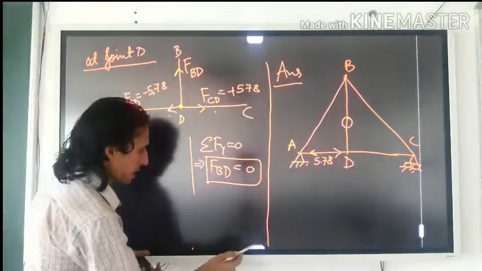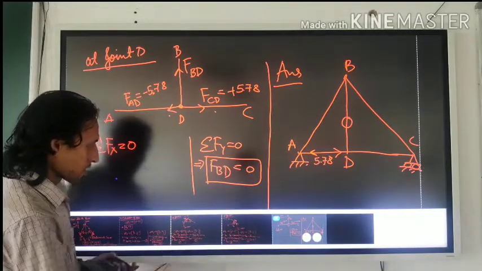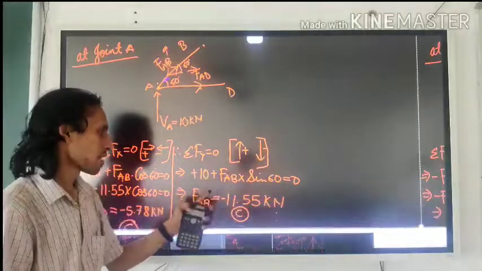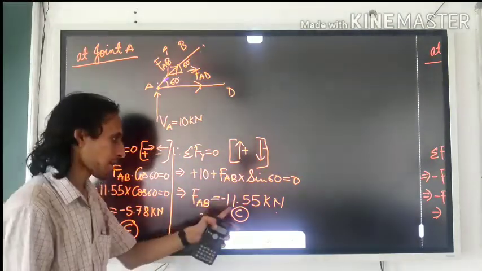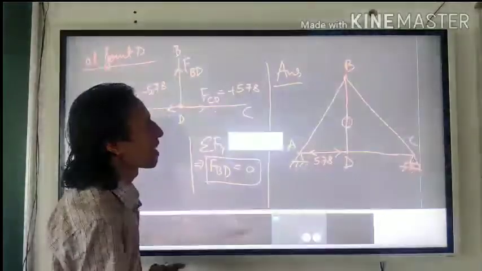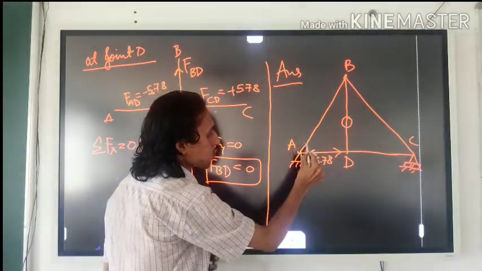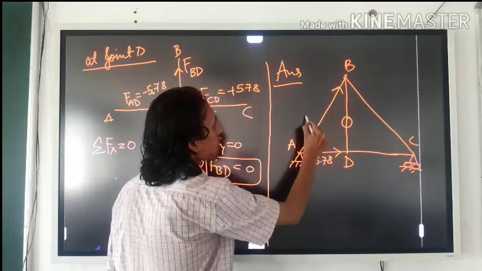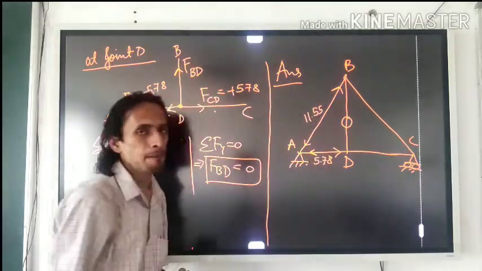Then again see here. AB is in compression, that is 11.55. AB is in compression, meaning towards the joint. What is the value? 11.55.